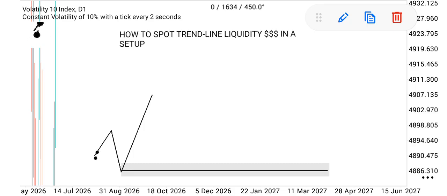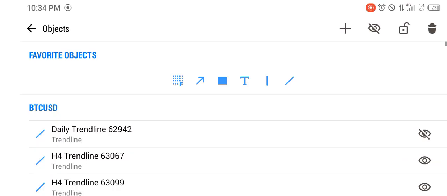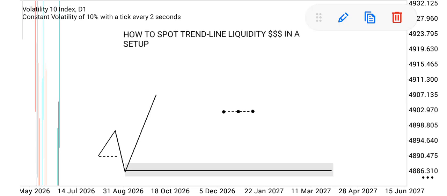The sweep of liquidity tells me my origin is protected, but not always, sometimes. And I have my breaker structure here, which is this.